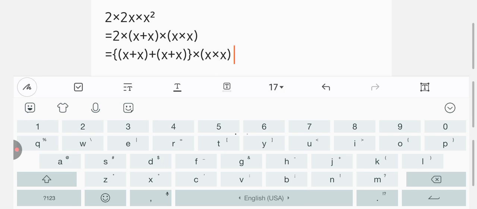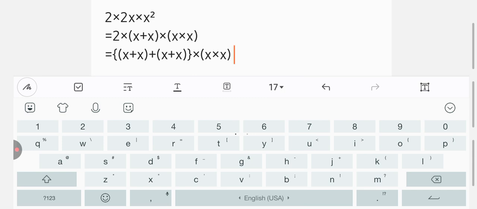Now you may ask why we got the second bracket. We got the second bracket because of multiplying the 2x terms with x plus x first. Because when you have 2 times x plus x, it essentially means x plus x bracketed plus x plus x.